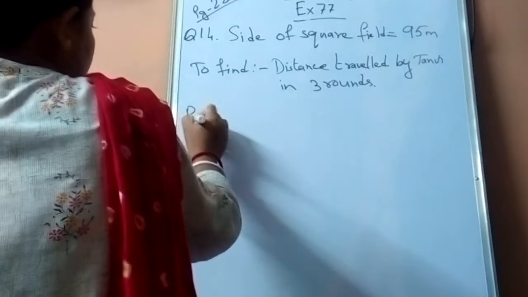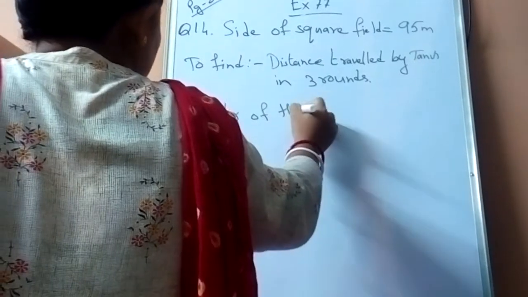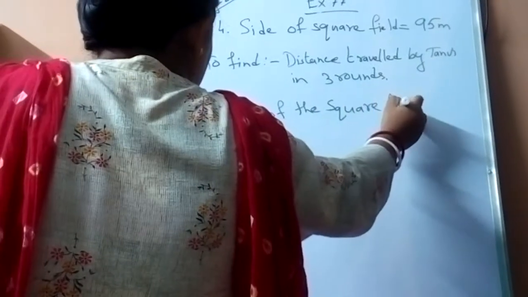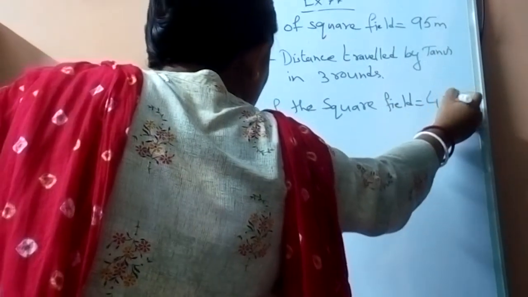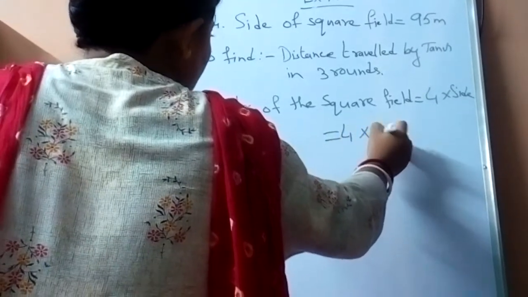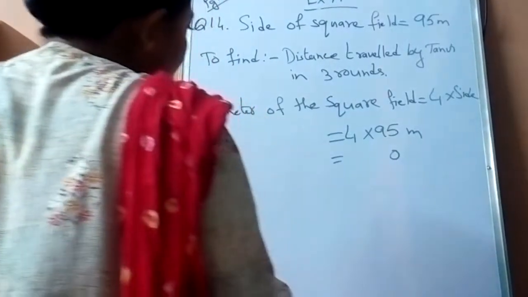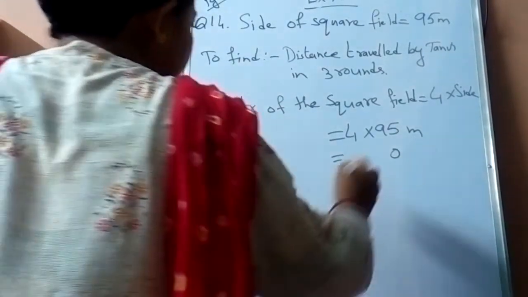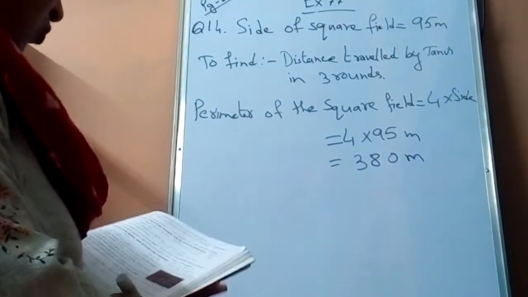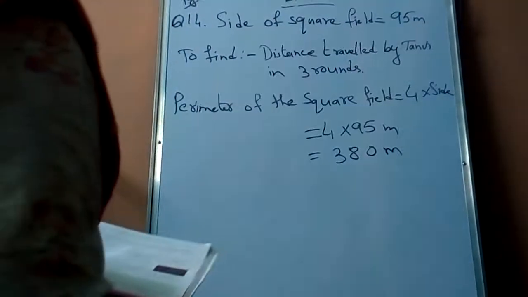So first of all, perimeter of the square field is equal to 4 into side. This is the formula I am writing. That means 4 into 95 meter, which will be 4 5s are 20, carry 2, 4 9s are 36, 37, 38. So 380 meter. So in one round she is running 380 meters. So in 3 rounds, how much will she run?